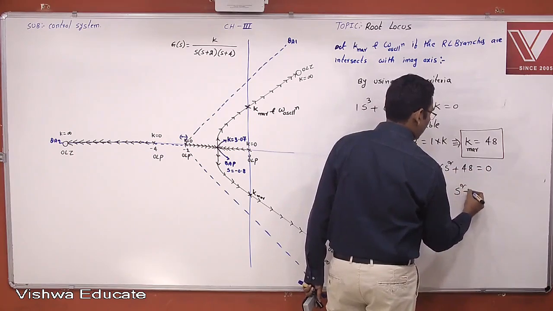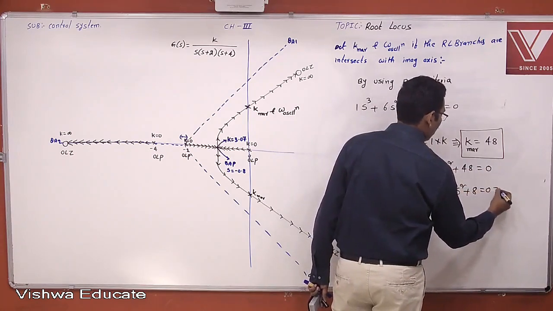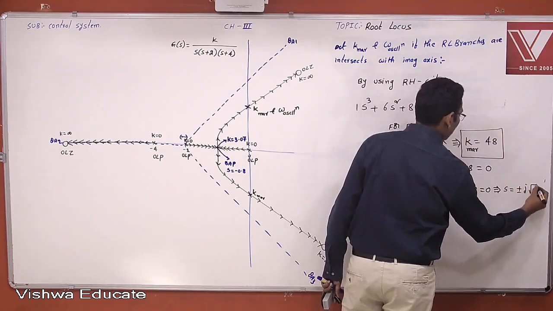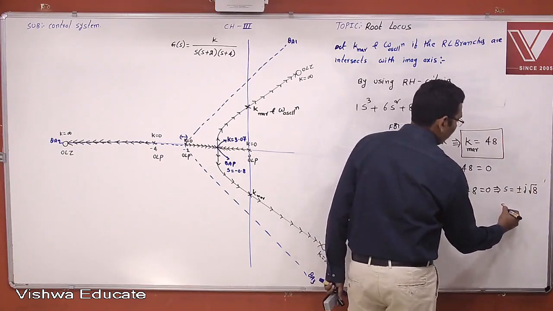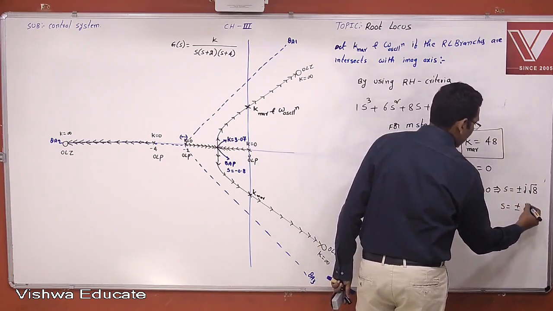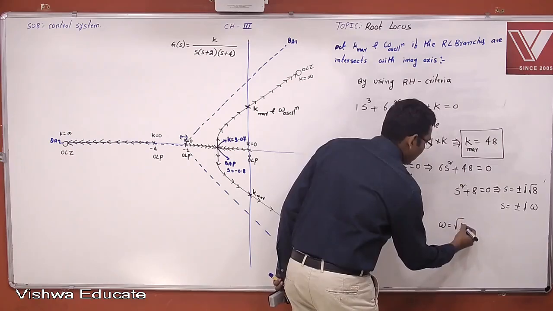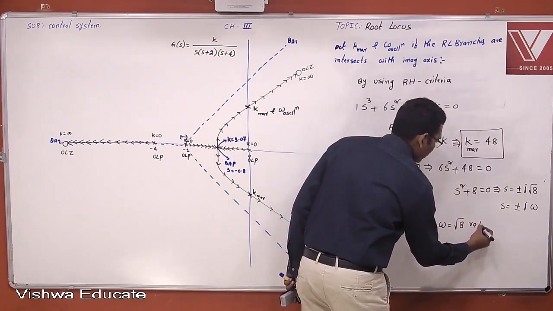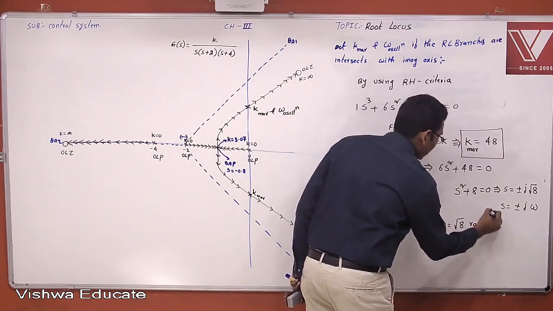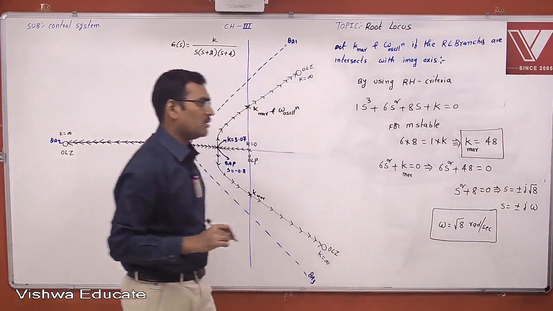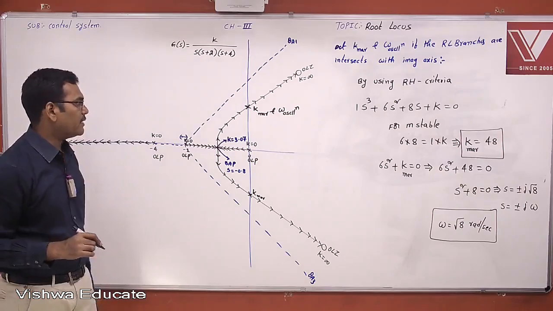Therefore, s square plus 8 equal to 0, so s equal to plus or minus j root 8. Therefore, s equal to plus or minus j omega, and the frequency of oscillations is root 8 radians per second.